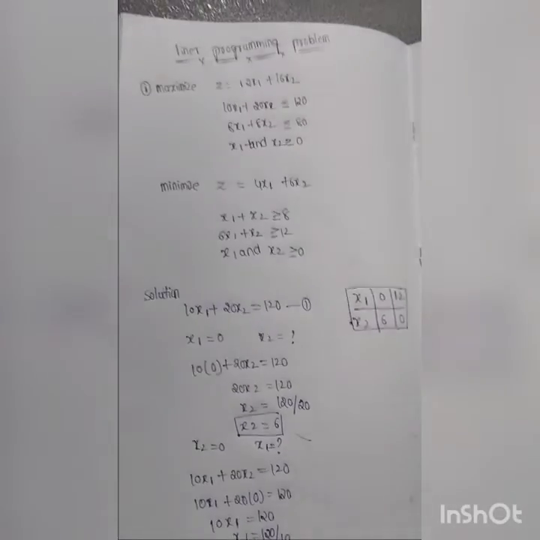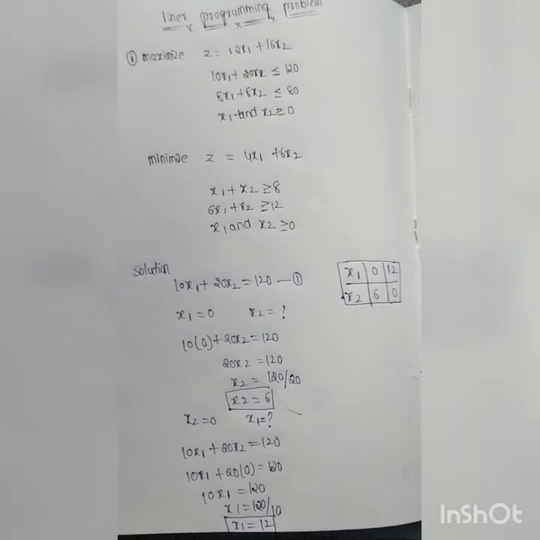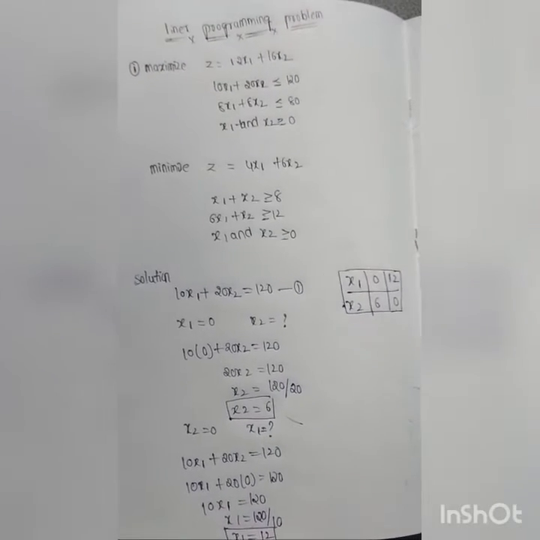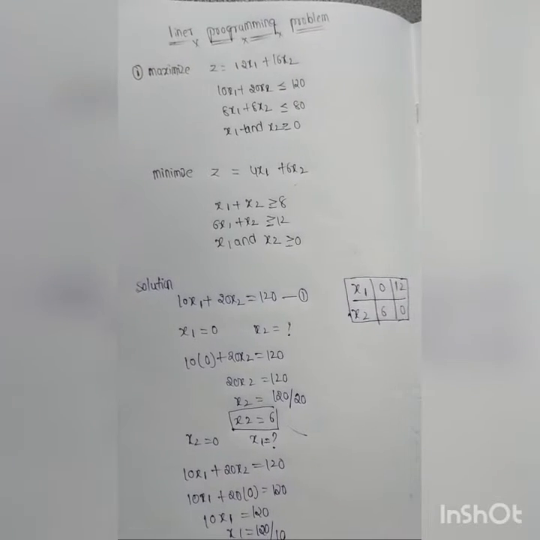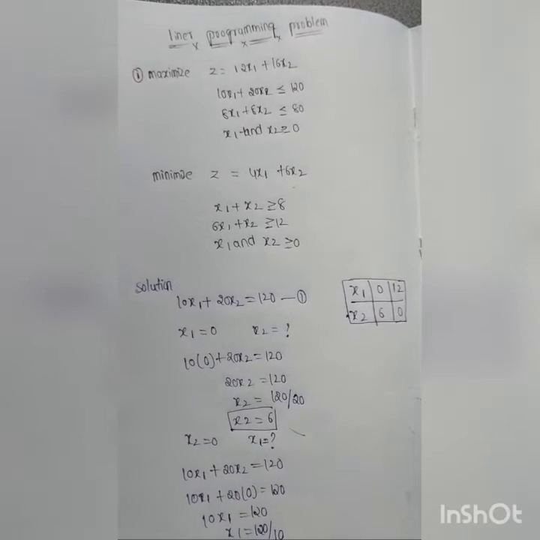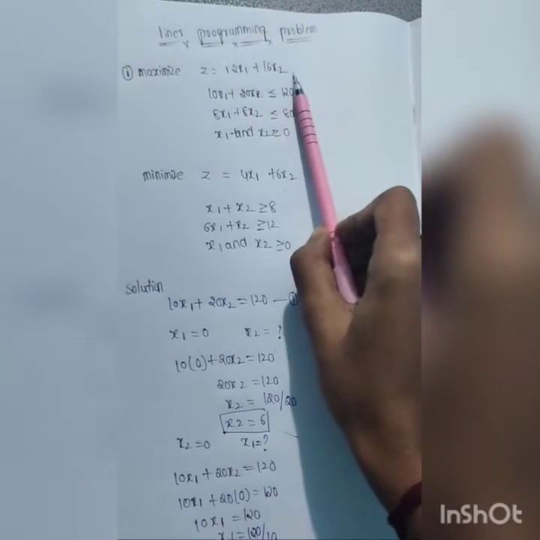Let us explain with a problem. Solve the following LPP using graphical method. This is the problem. Maximize z equals to 12x1 plus 16x2. This is the objective function of the problem.